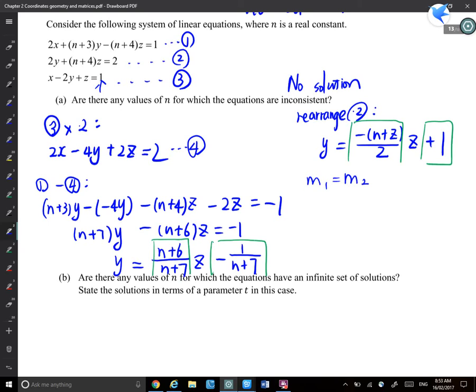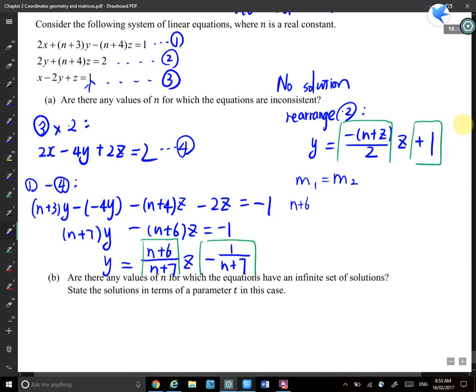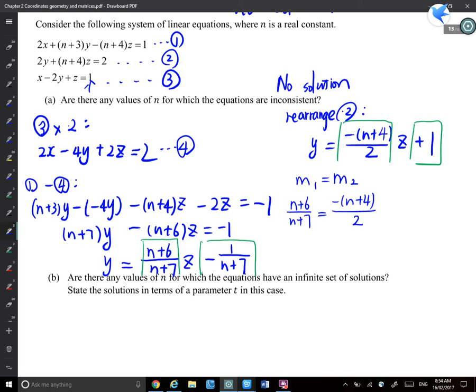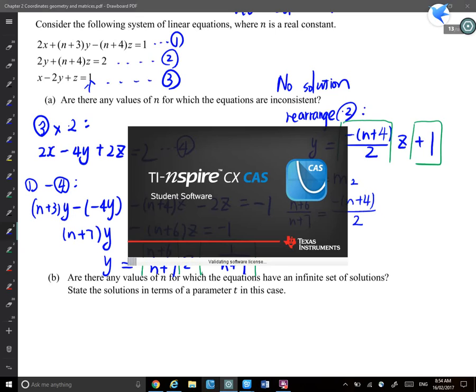So if you solve for the gradient, (n plus 6) over (n plus 7) equals minus (n plus 4) over 2. I'm trying to solve for that. Actually, I have no space.